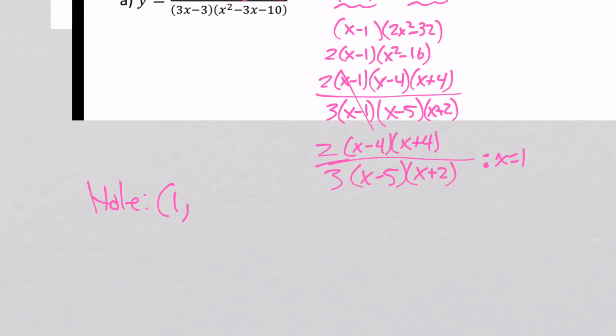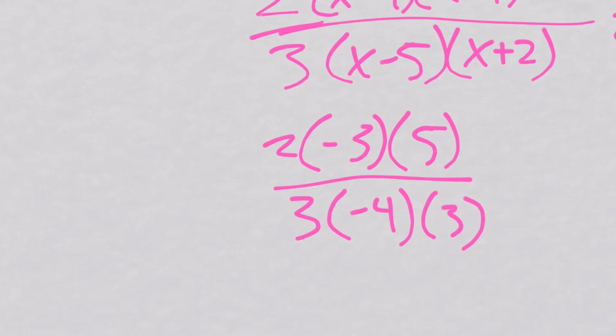Well, how do you find it? You plug in the x value after you remove the hole. So if we plug in the x value, what do we get? 2 times 1 minus 4 is negative 3, times 1 plus 4 is 5, over 3 times 1 minus 5 is minus 4, times 1 plus 2 is 3. Simplifying without a calculator, I first notice I have two negatives making me positive.